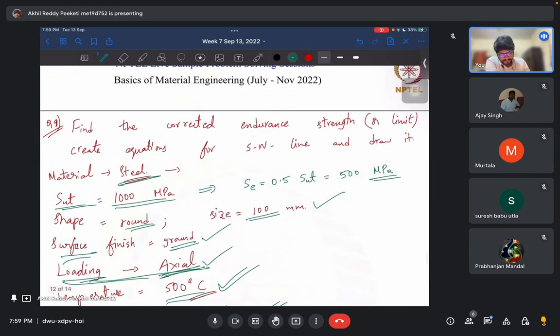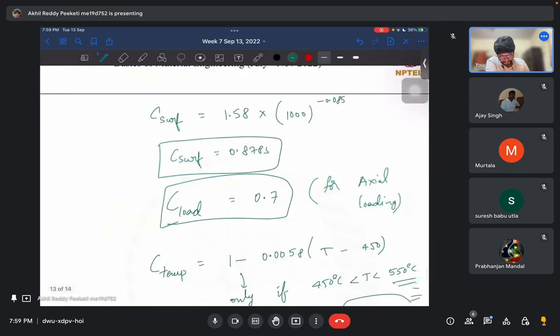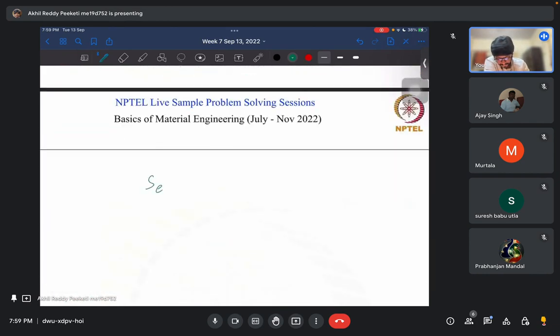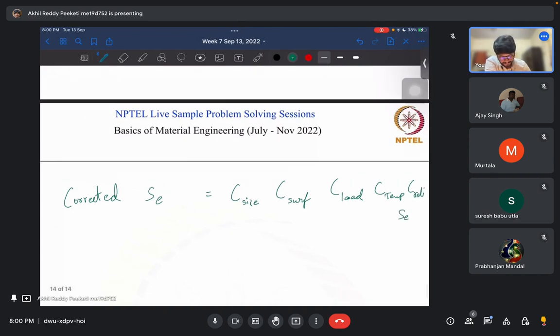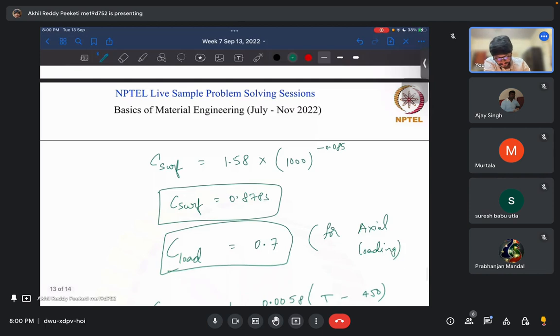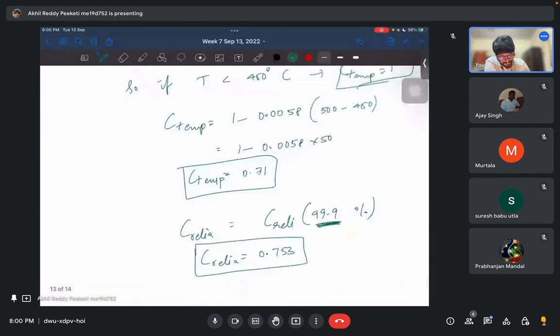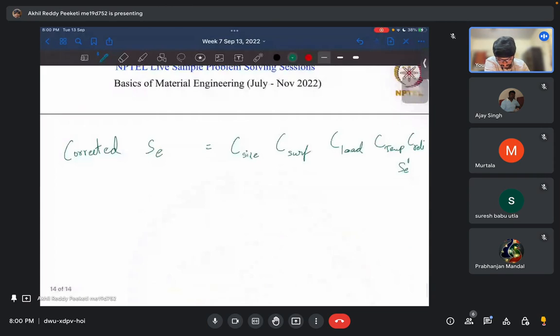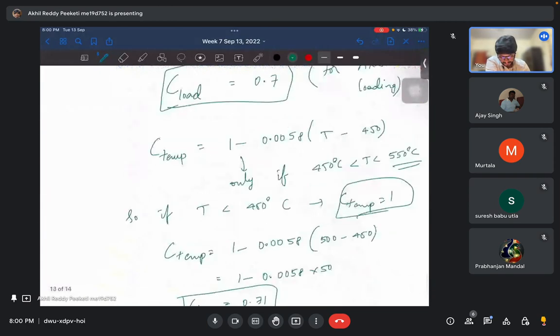So let's see the corrected endurance strength directly. The corrected endurance strength is all the factors, size, surface, loading, temperature, and reliability, into the uncorrected one. Let's take this as uncorrected. So S is equal to, what is the size factor?